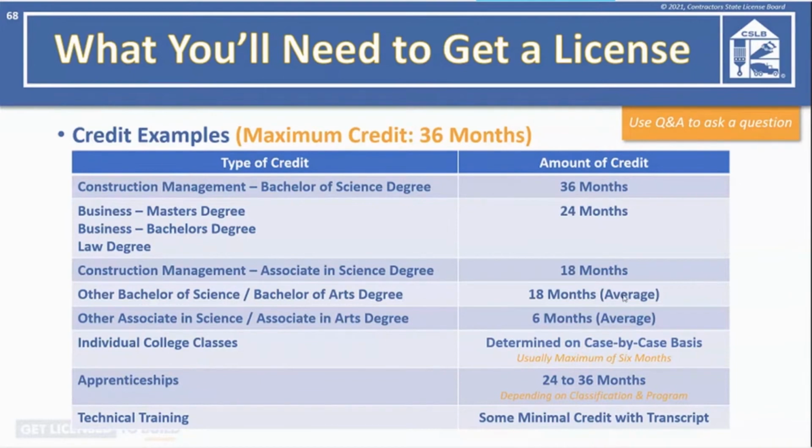Is that considered experience, Fode? Well, again, we will actually have to look at the trades, but we are looking at the work that you have performed or supervised employees perform. So if it was just a design, no, we do not give credits to that.